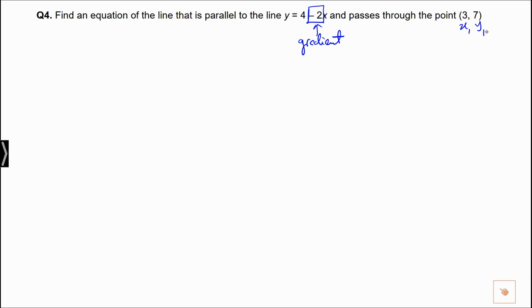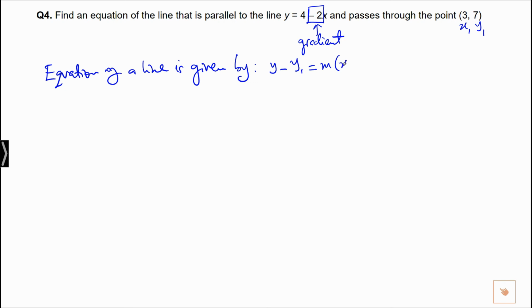Now, the reason why I'm doing that is we can use the equation of a line in point slope form, which is given by y minus y1 equals m times x minus x1.